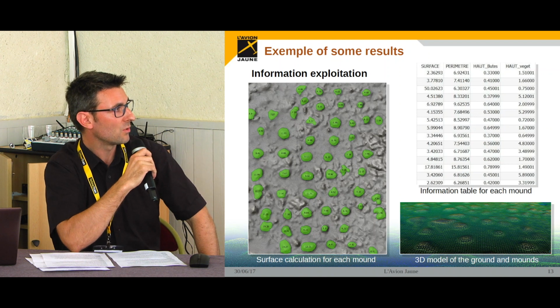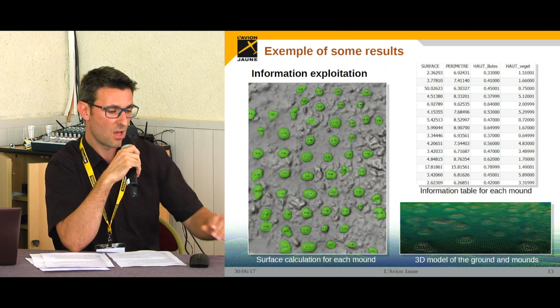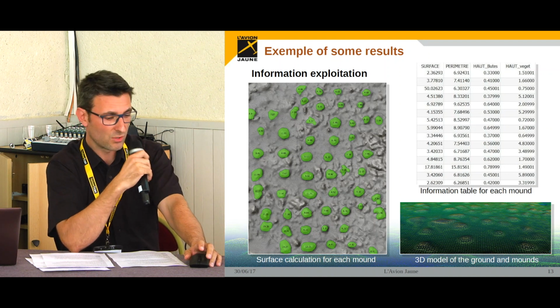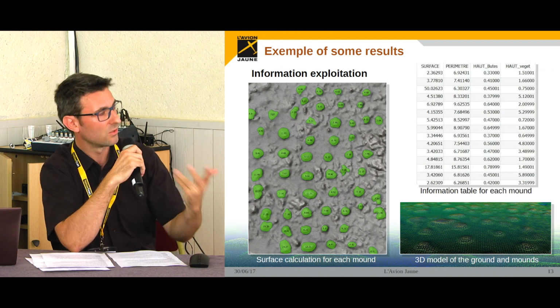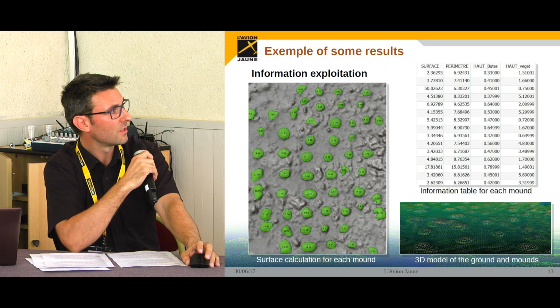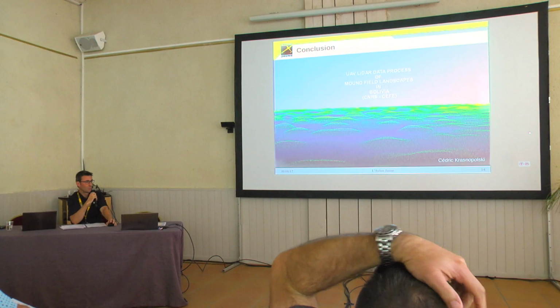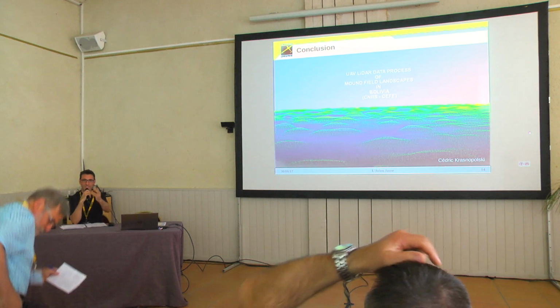And I also work on creating 3D models of the terrain, the mounds, and also maybe the vegetation, so I can get all the environment made in 3D. So that's it. And I call Doyle.